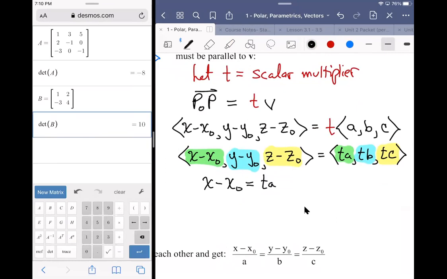Now, if I want to solve for X, because I am looking after all for an X component, when I'm talking about a parametric equation, it's X comma Y comma Z. In 2 dimensions, it's X comma Y. All right. So solve for X. This gives me X equals X sub O plus TA, or I could say TA plus X sub O.